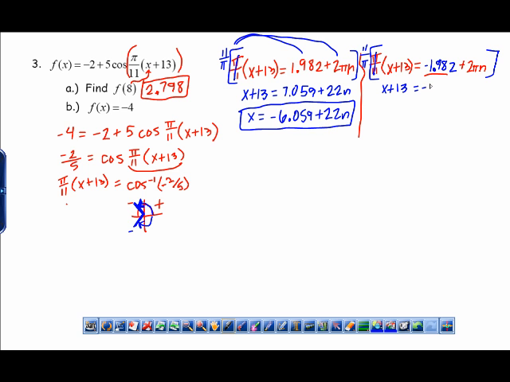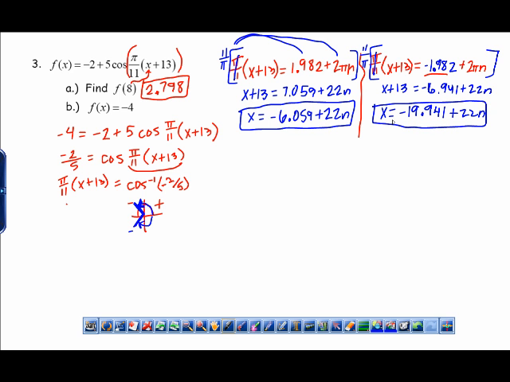And I get negative 6.941 plus 22n when I distribute. And when I subtract 13, my other general solution is x equals negative 19.941 plus 22n.